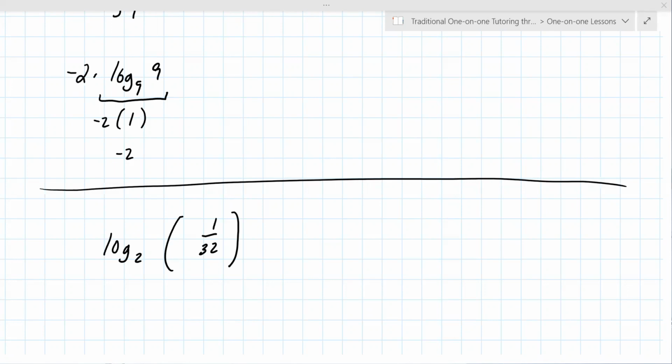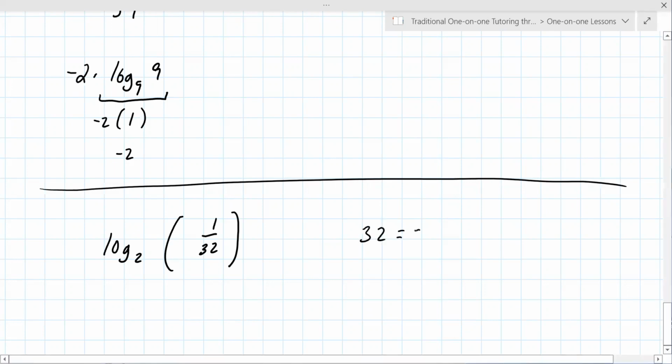Would it be 2 to the power of 5? 32 is definitely 2 to the power of 5. So 1 over 32 is 1 over 2 to the power of 5. And then how do you bring the 2 up? What does the exponent become when you bring it up? It'd be 2 to the negative 5th power.